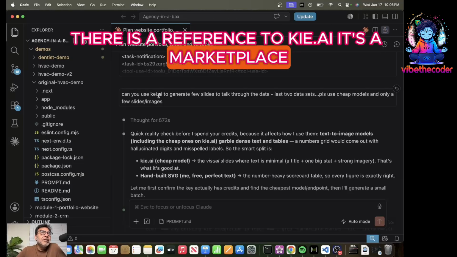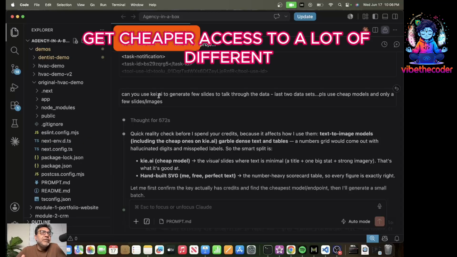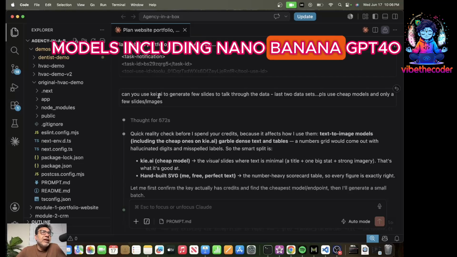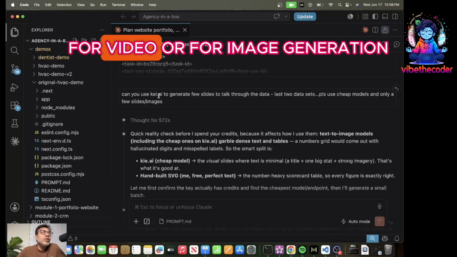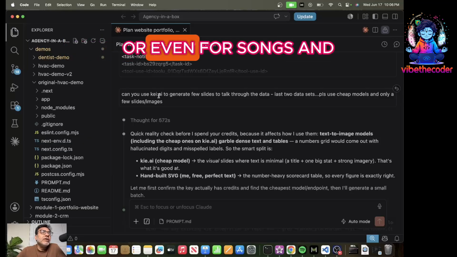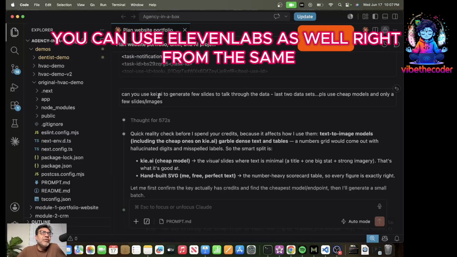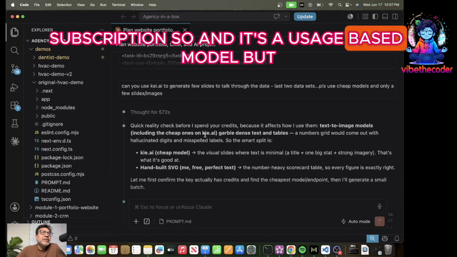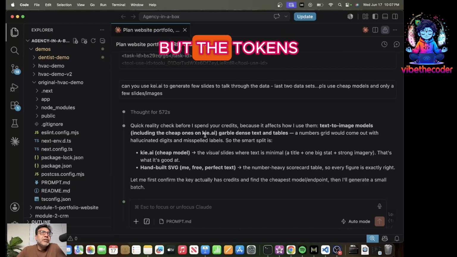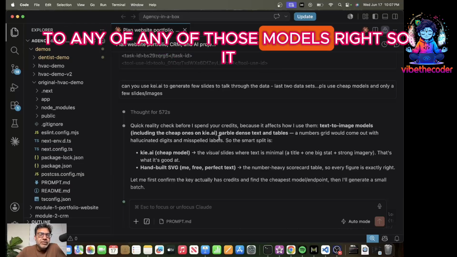It's a marketplace where you can get cheaper access to a lot of different models, including Nano Banana, GPT-4o, VO3, Sora 2 Pro for video or for image generation, or even for songs, and even 11 Labs from the same subscription. It's a usage-based model, but the tokens are much cheaper than if you were to go directly to any of those models.